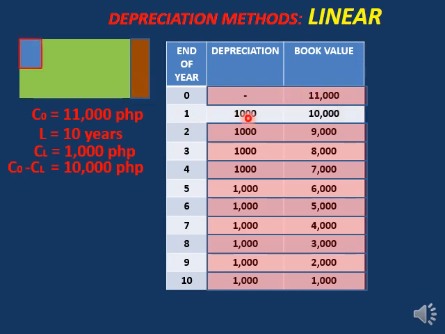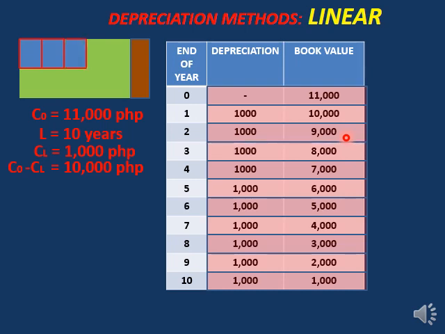A year later, the phone has depreciated by 1,000 pesos, and the remaining amount or the cost of the phone is 10,000 pesos. As you can see from our illustration, the service has depreciated. We have deducted some amount in here. And then on the second year, another 1,000 pesos has depreciated, leaving only 9,000 pesos as the book value.